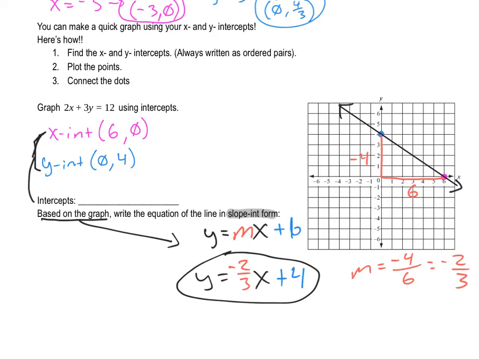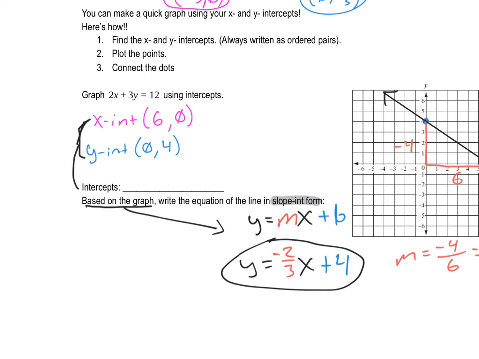I want to take this equation and, without graphing, without finding intercepts, put it in slope-intercept form. How do I do that? Subtract 2x. Very good. So I can convert if I wanted to. You could also solve for y and convert it that way. Let's practice converting it just by algebraically doing it.